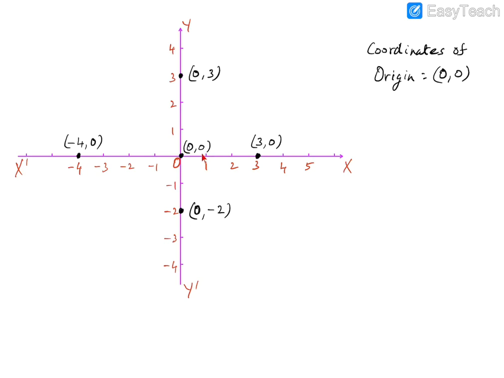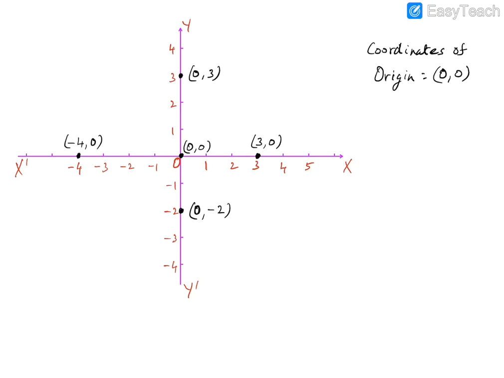The coordinates of the origin are 0, 0, because the origin lies on the x-axis as well as on the y-axis. Because it lies on the x-axis, the y-coordinate is 0, and because it also lies on the y-axis, the x-coordinate is 0.